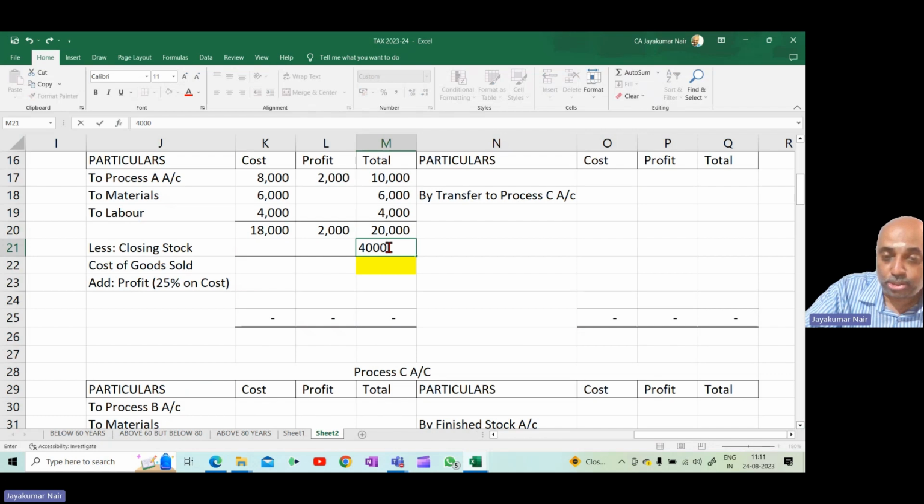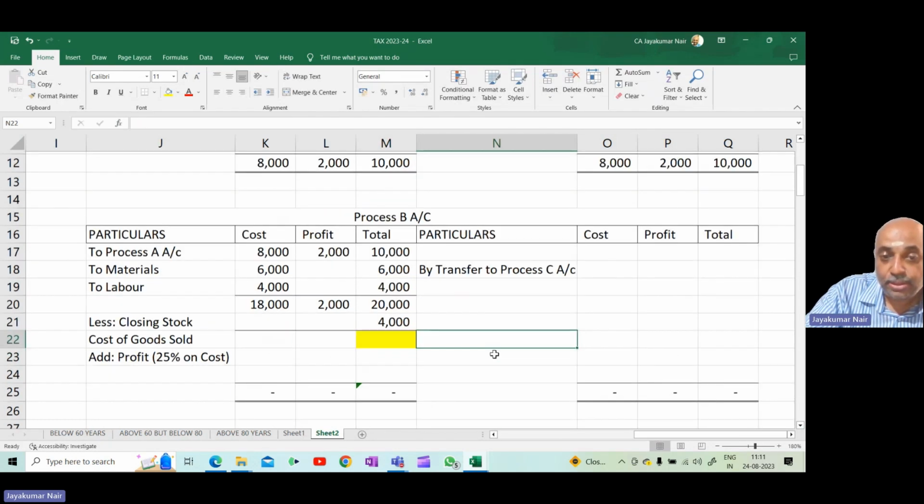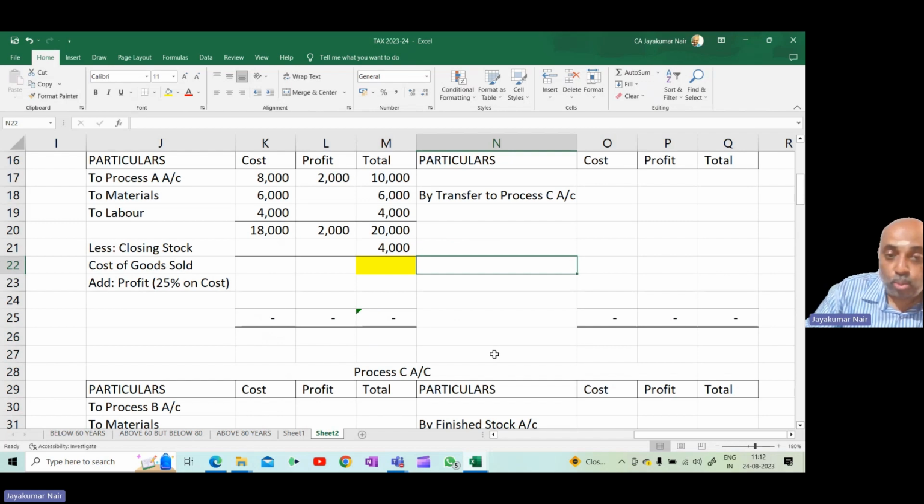So write 4,000. Now you have to make one small calculation. You have to find out what is the profit which is included in this. If the cost is 20,000, profit is 2,000. So 4,000 means how much?